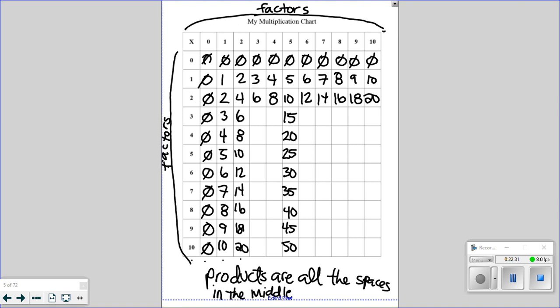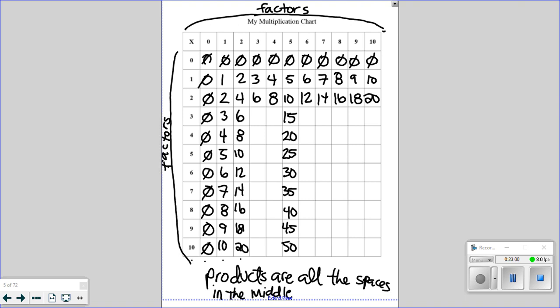Yeah, what does the commutative property tell me I can do? It does not tell me it's the exact same thing. What does it tell me that I can do? Evelyn? Switch around the factors and get the same value.